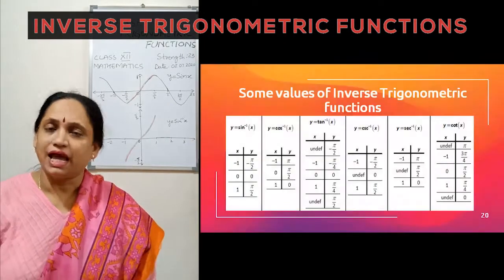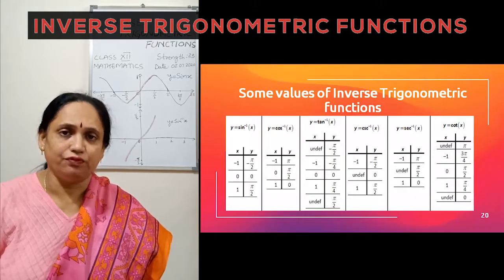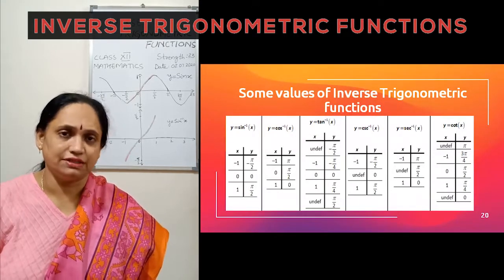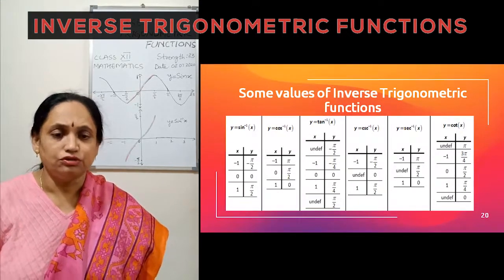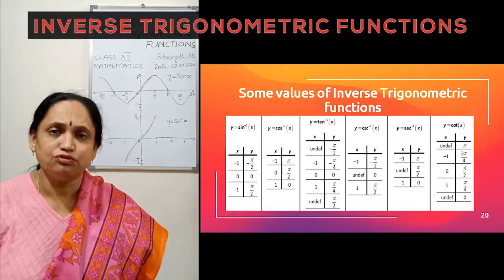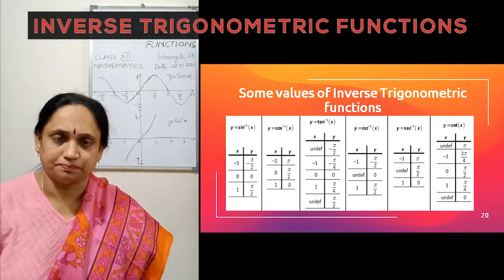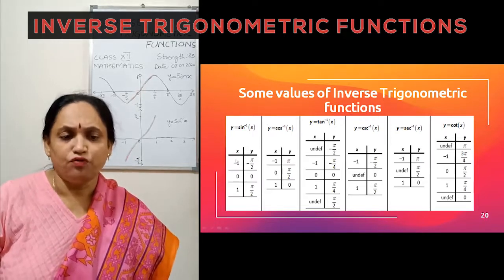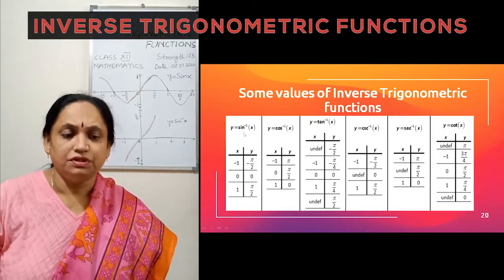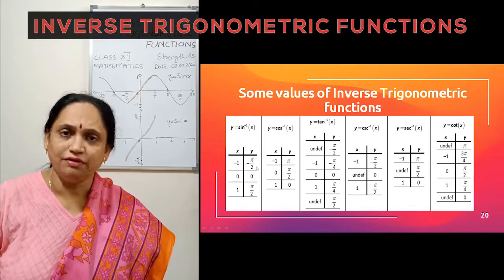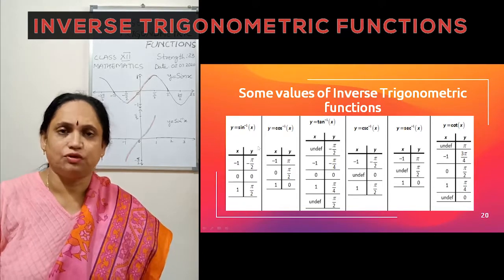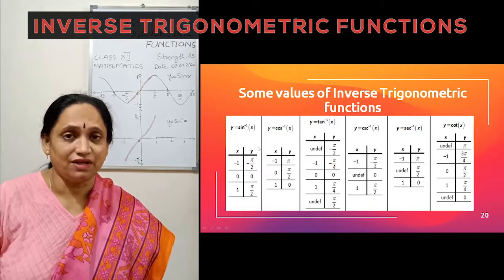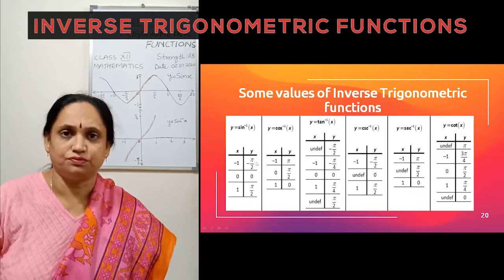But let us calculate a few values of sine inverse, cos inverse, tan inverse, all these functions. So this particular slide helps you to find some basic values. You can see here, when x is -1 for the sine inverse function, then what is y? y is sine inverse of x. So sine inverse of -1 is equal to minus pi by 2.